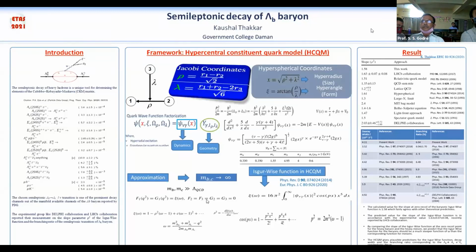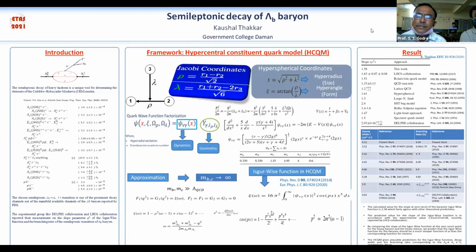In the literature, various approaches exist to calculate the Isgur-Wise function in the absence of any standard formula. Here, the Isgur-Wise function can be calculated using a Taylor series expansion at the zero recoil point. So, finally, we can calculate the Isgur-Wise function from this equation in the hypercentral constituent quark model.